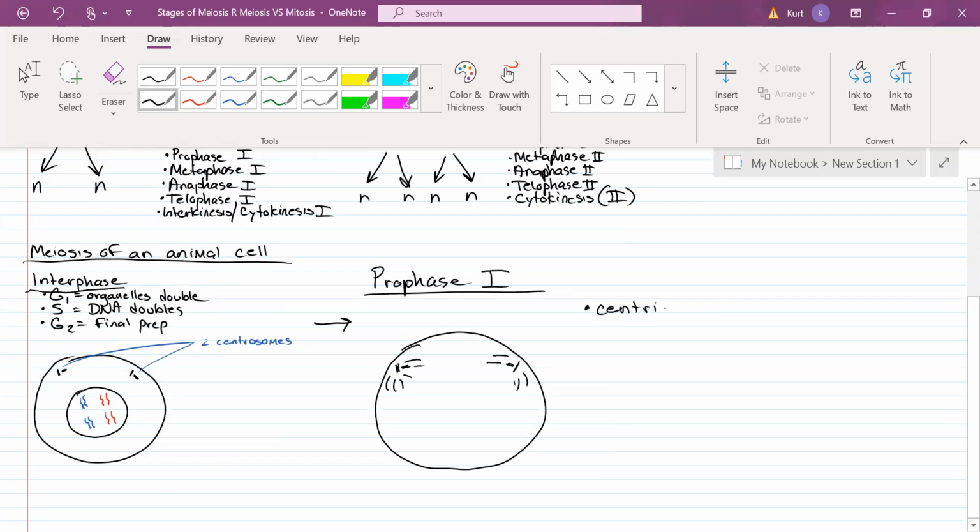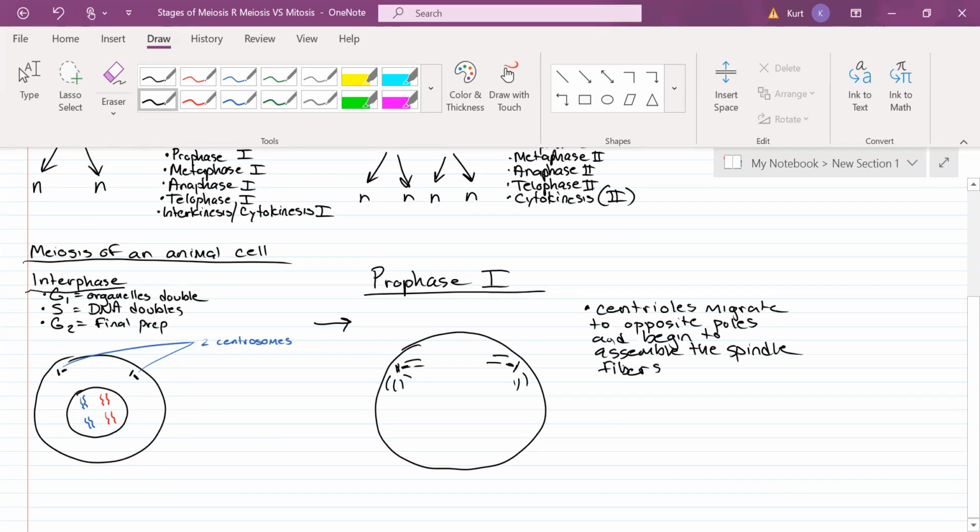Centrioles move or migrate to opposite poles and begin to assemble the spindle fibers.